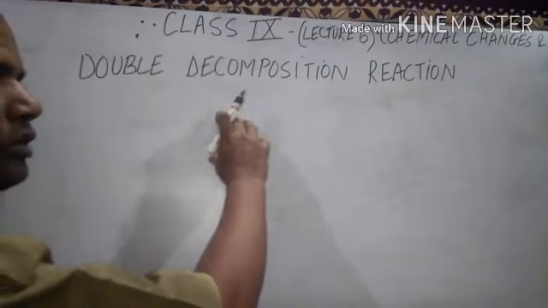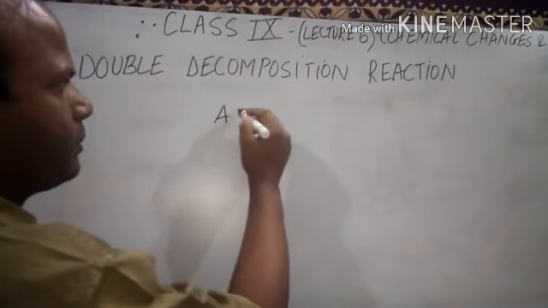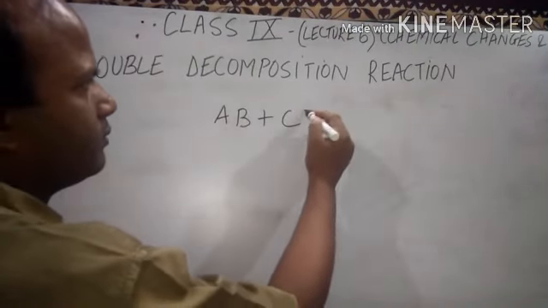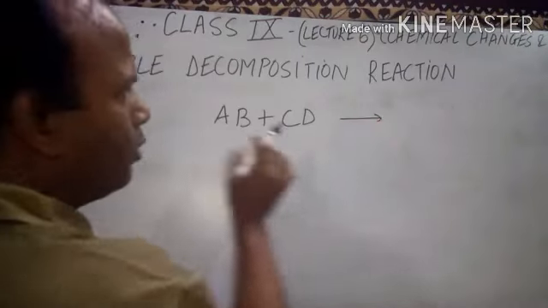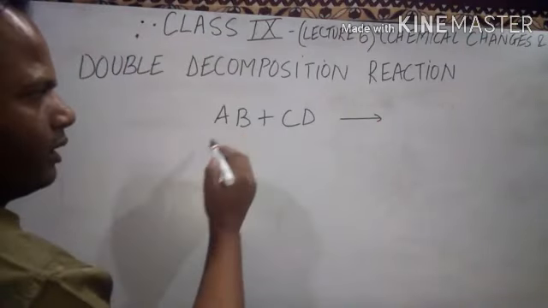Either both the reactants are decomposed, suppose we have AB plus CD. Both the reactants are decomposed, both will break.